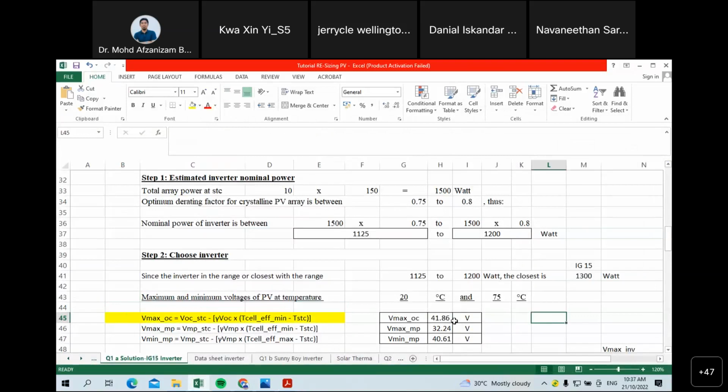And can someone verify my calculation? Based on that data I get 41.86. Can someone verify this value for me?